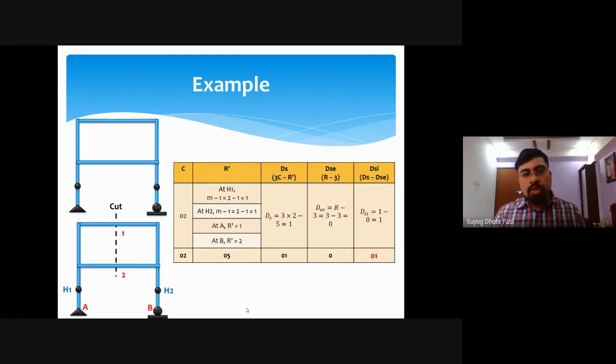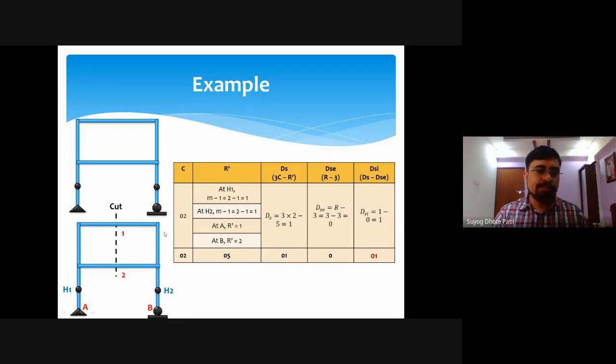So the first figure shows the example problem, where the first support is a hinge support, the bottom support is a roller support, and in the first member there is an internal hinge, and in the last member there is an internal hinge. If I consider this as member 1, 2, 3, 4, 5, and 6, in member 1 there is an internal hinge, and in member 5 there is an internal hinge.